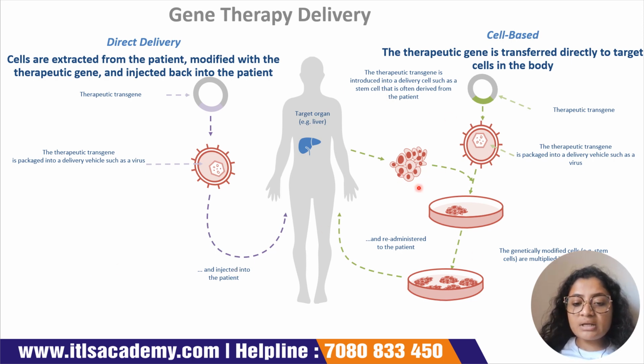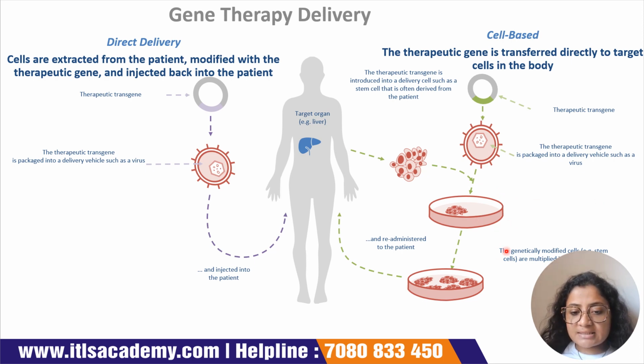So we need to isolate the liver cells first. We need to isolate the hepatocytes from this particular patient, and then we need to culture them in the petri dish. Similarly, we take the therapeutic gene, just as in this case we have inserted the therapeutic gene into the chosen virus or vector, that is the delivery vehicle, and then we put this virus containing transgene into these plates together with the hepatocytes.